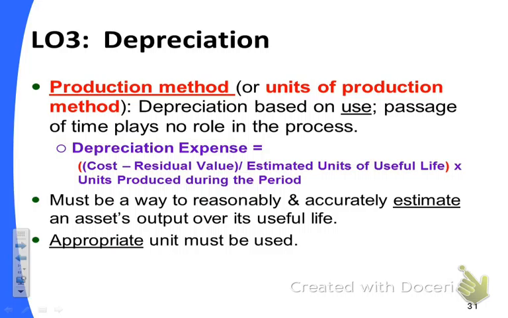So for instance, with a copier, they have lots of statistics on how many copies a particular copier brand can typically copy. They base it on data that tells them that a typical copier wears out in, I don't know, 50 million sheets of paper. There must be a way to reasonably estimate it, and then you use that appropriate unit to make your determination of the depreciation value.